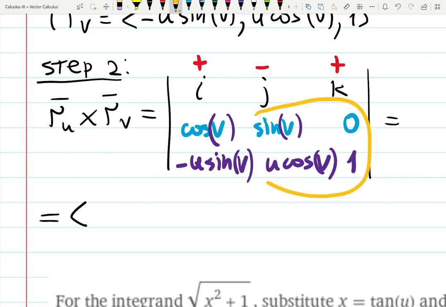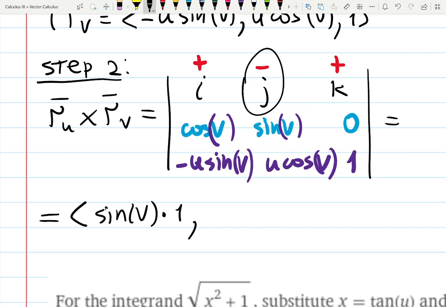Sine v times sine v, that was ugly, v times 1 minus u cosine times 0. Good, I will skip that. Next, j component.